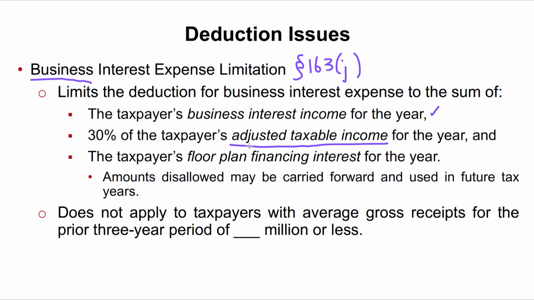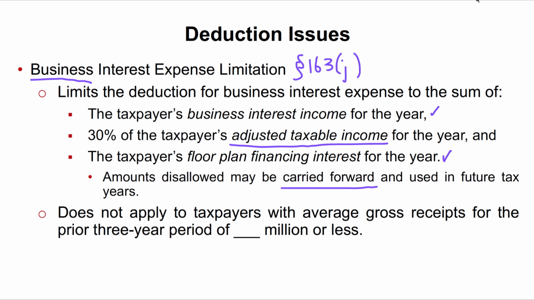Number 1 and number 3 are quite unique situations, because you're not going to have a lot of taxpayers that have business interest expense along with business interest income and floor plan financing. Any amounts that are disallowed because you're limited are carried forward and used in future years. So this is really a timing issue in terms of when you can take the deduction, but it's still a limitation on it.